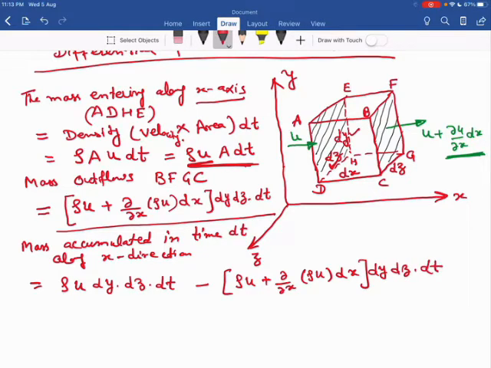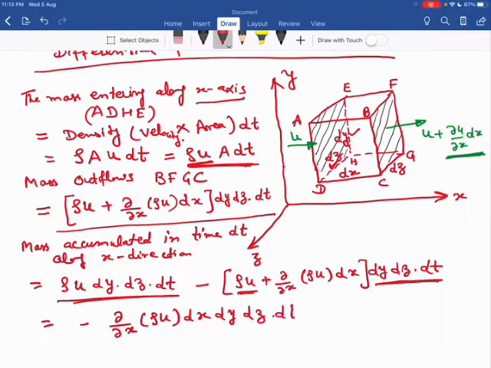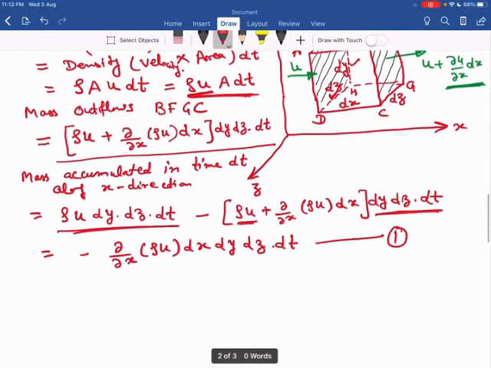The rho u dy dz dt terms cancel, so we are left with minus curly by curly x of rho u into dx dy dz into dt. This is equation number 1, the mass accumulated along the x direction.